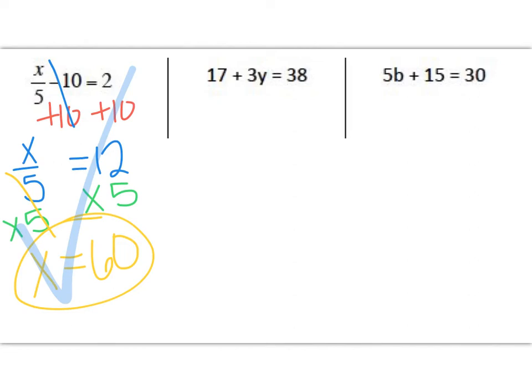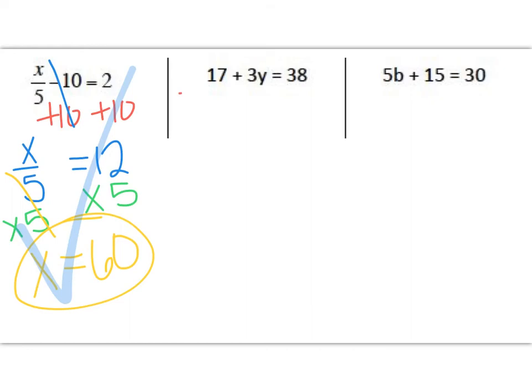Okay, let's look at the next one. 17 plus 3y equals 38. In this case, it's a little tricky because you have to recognize it's not 3 being added. 3 is being multiplied to the y. So it's the 17 that's being added. So I need to work opposite of that.